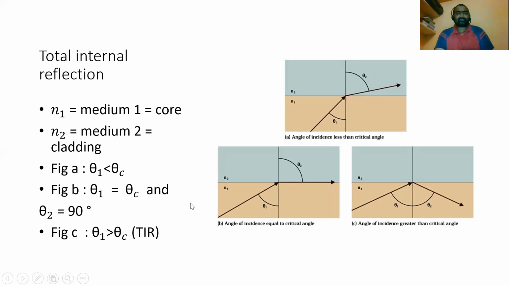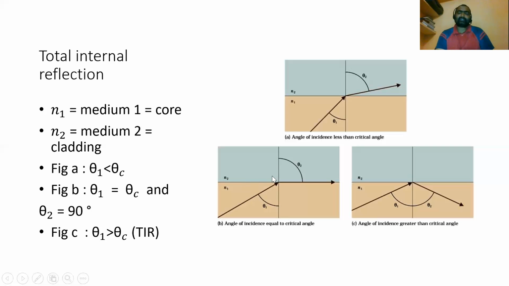Let us consider theta 1 less than theta c in this case. Here I am incident a light ray in the denser medium with an angle of incidence theta 1, which is very small. In this case, the light ray refracts from first medium to second medium, and theta 2 is the angle of refraction.